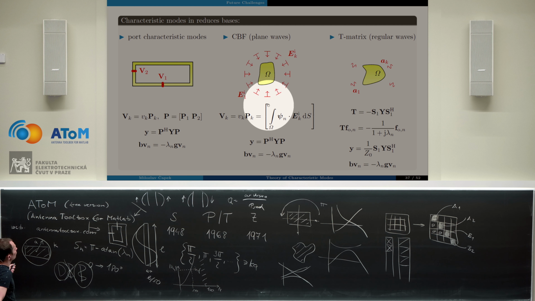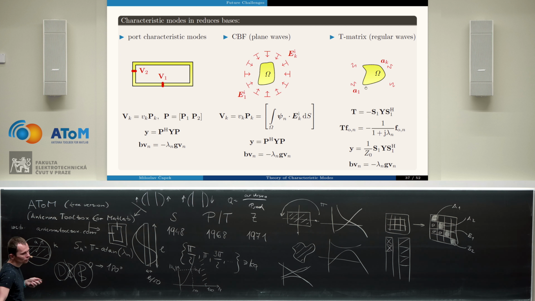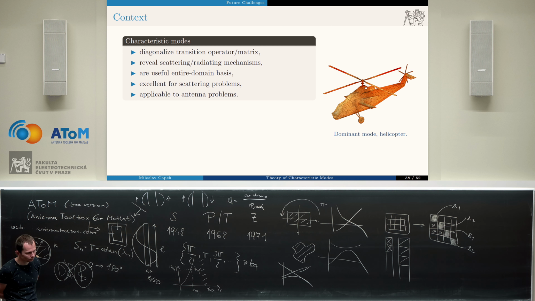With characteristic basis functions, I can also decompose this into characteristic modes, and then it's represented in a basis of plane waves. And finally, characteristic modes in a T matrix are standard characteristic modes only represented in a basis of regular spherical waves. So these are three different points of view on the same problem represented in different bases. And always we can pick a basis which is the best for our application.